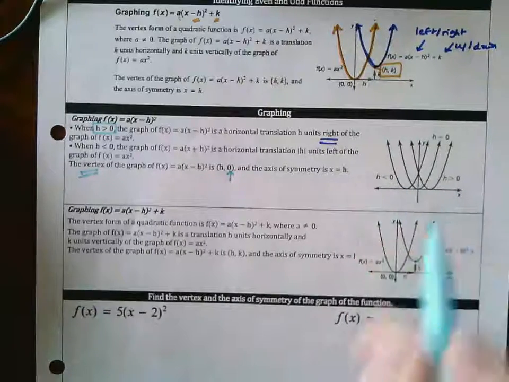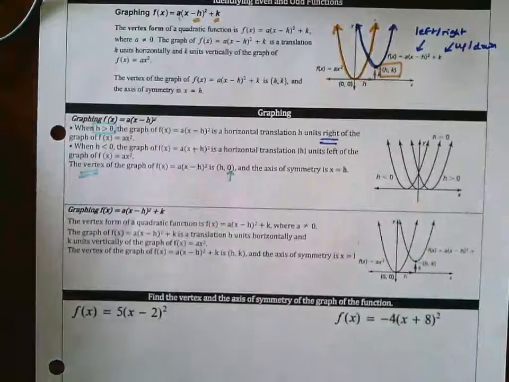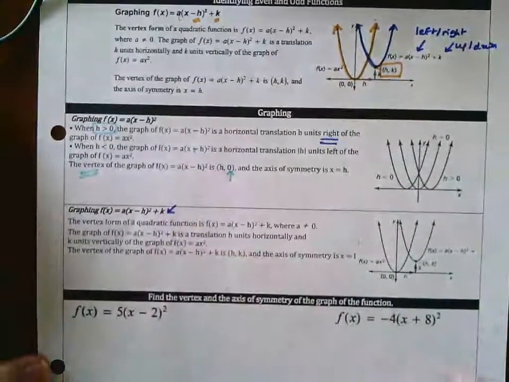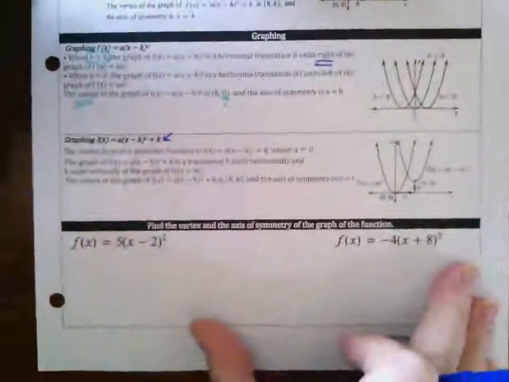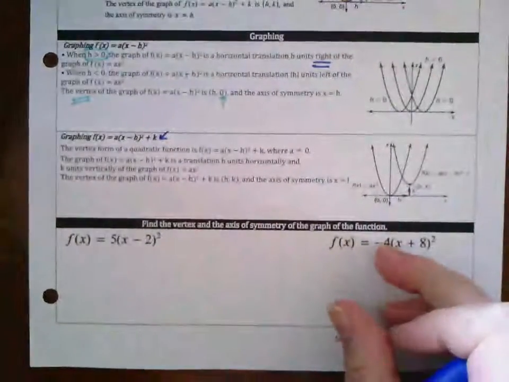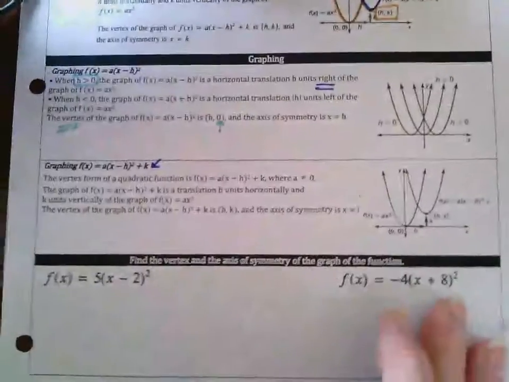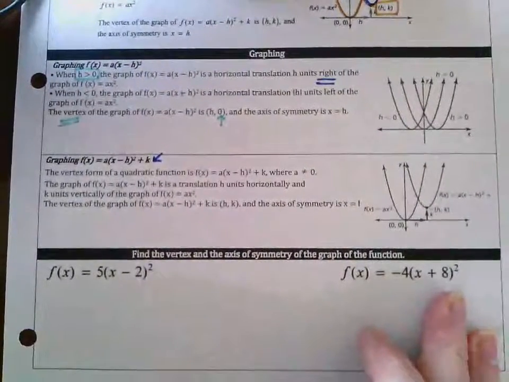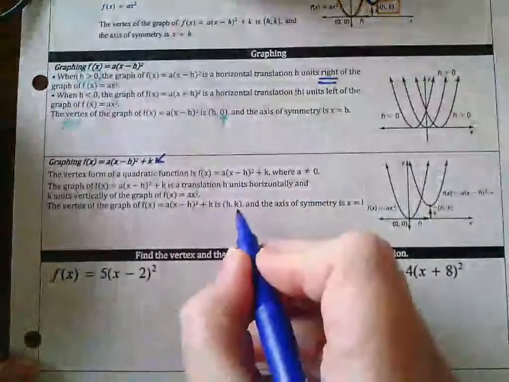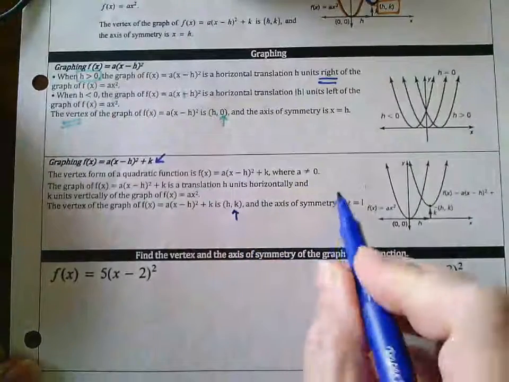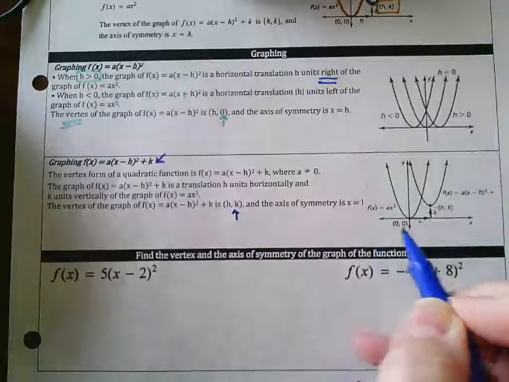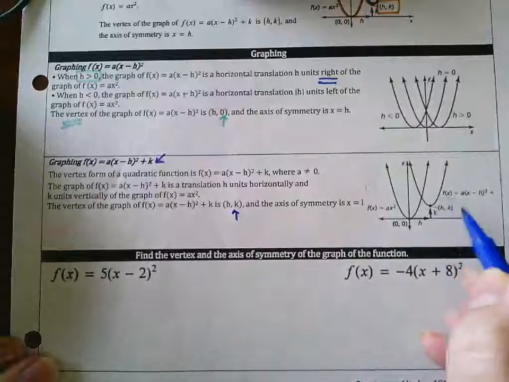If I have a k on here, that's going to have something to do with my vertical. So you're horizontally translating it, and this is part of your vertex. That's where the k comes in. So you can see the vertex right here at h, k.